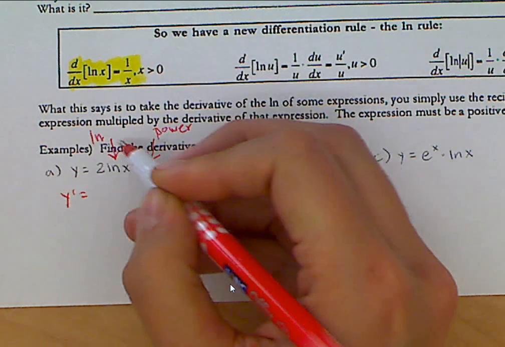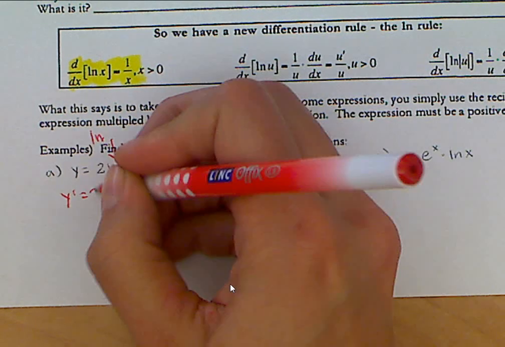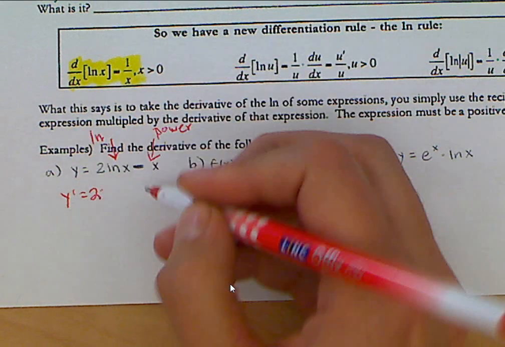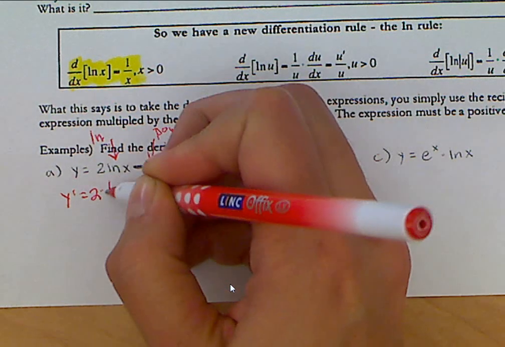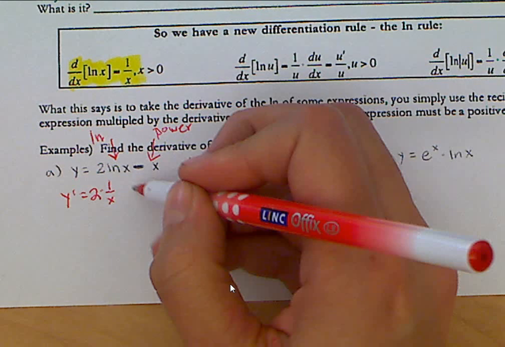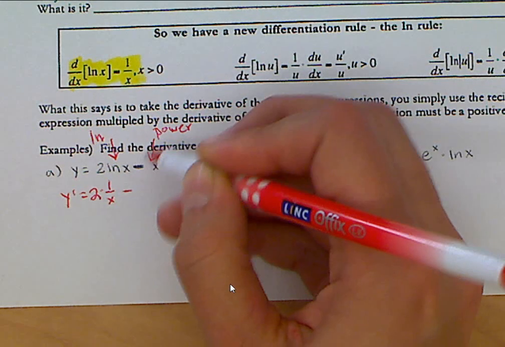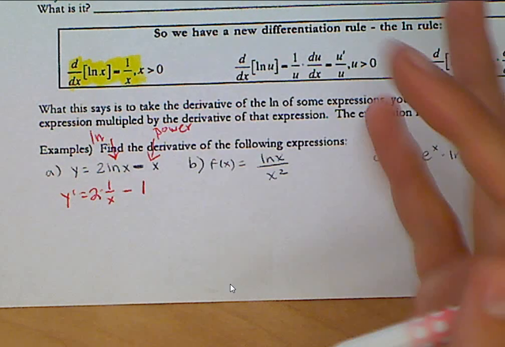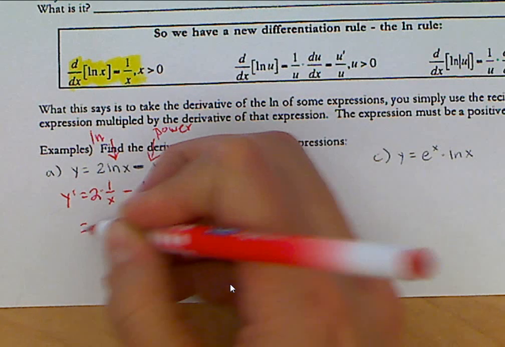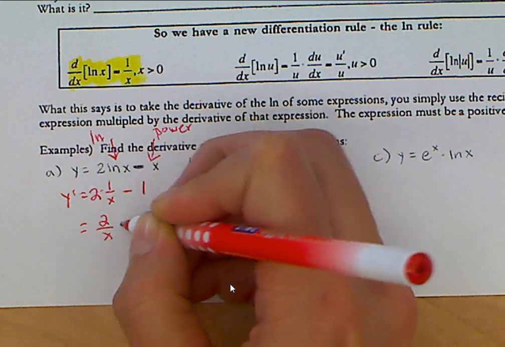I will just keep my 2, and then the derivative of ln of x, we just talked about, is 1 over x. And then the power rule here, the derivative of x turns to 1. So we could rewrite this nicely as 2 over x minus 1 is my derivative.